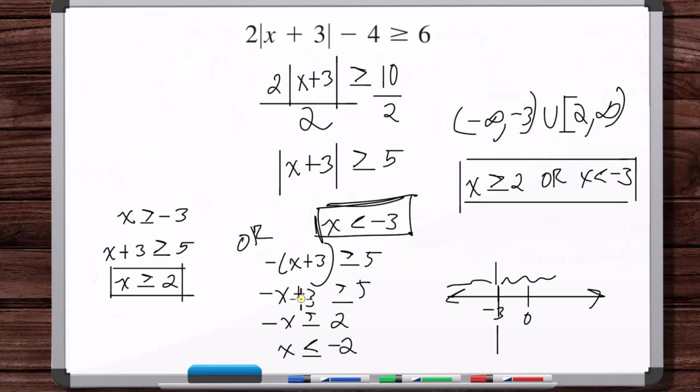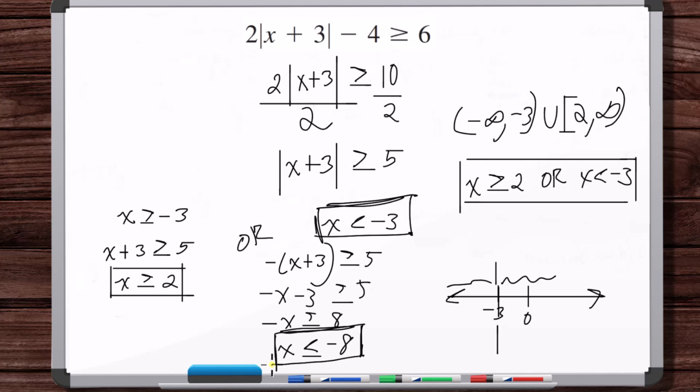And actually, I made a mistake here. I forgot to distribute this minus here. So we would have, and then adding 3 to both sides, we would get 5 plus 3 is 8. Okay, and then multiplying both sides by -1, this will become -8. And now these cross over here.